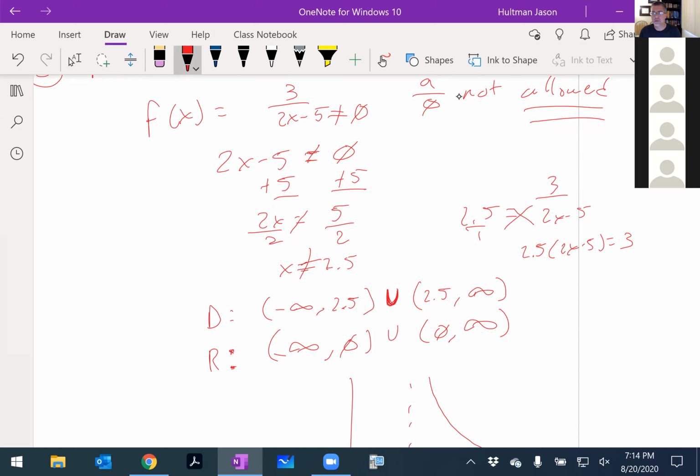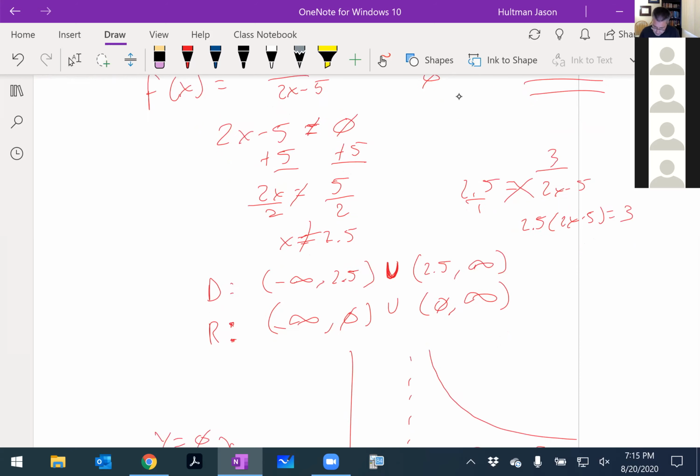Oh, okay, I understand. Thank you. So you can have any other number, and if you divide the top by any other number, you're never going to get zero for an answer. Okay. Thank you. So it's off the table.